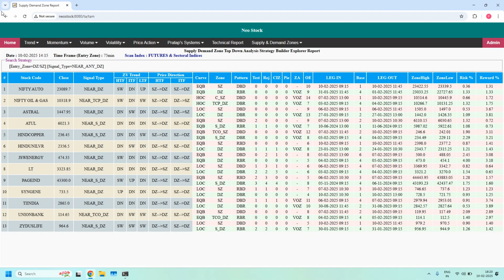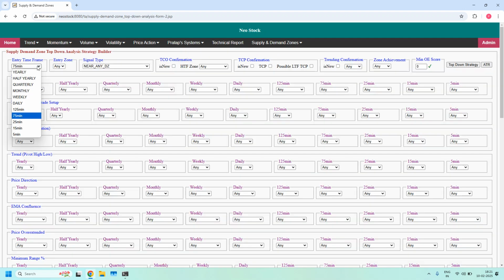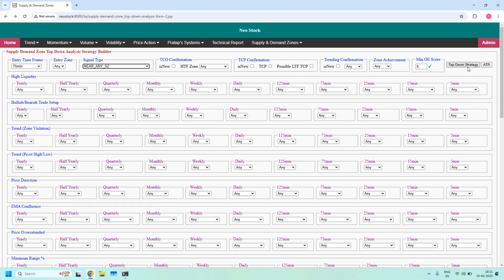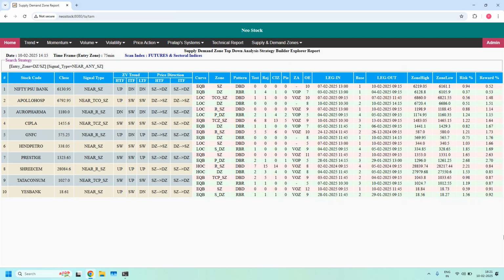Okay. Next, for 75 minutes time frame, stocks near 75 minute supply zone, we got 10 stocks. Let us identify high liquidity 75 minute supply zones from this list. Aurobindo Pharma is having a high liquidity 75 minute supply zone. GNFC is having a high liquidity supply zone.